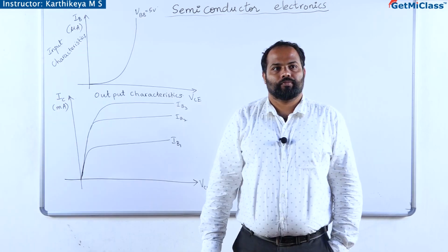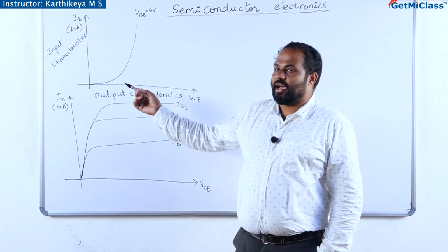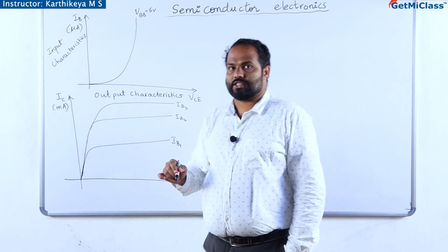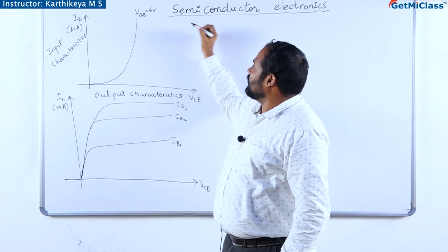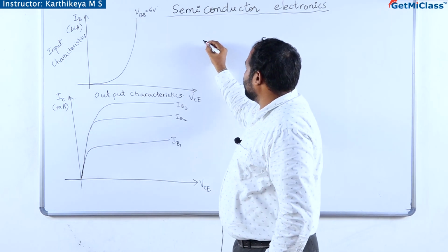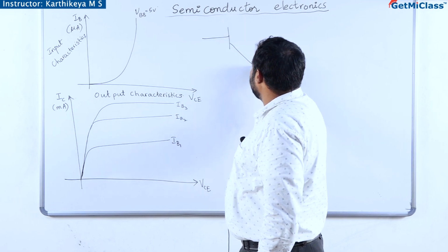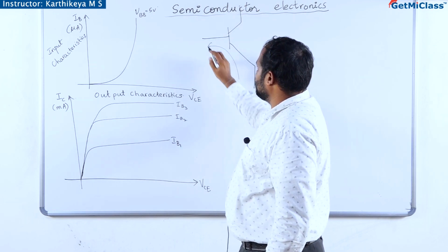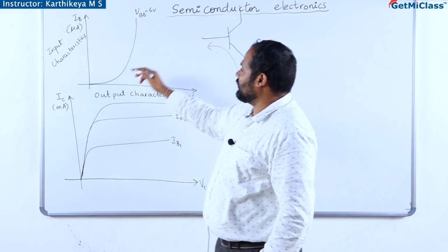Since you have the junctions in transistors, the input side usually comes to be the emitter and base in CE configuration. They are always connected in forward bias.